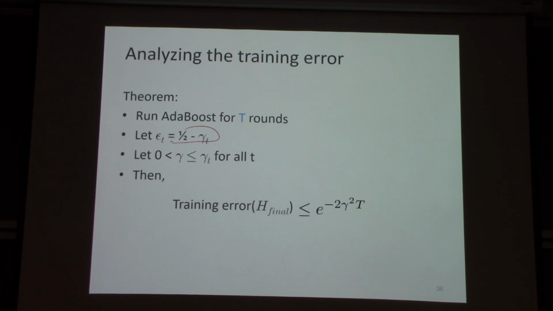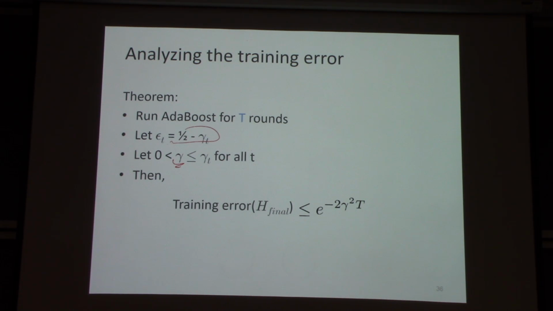And AdaBoost has this pretty awesome theorem associated with it, which says you run AdaBoost for t rounds, and at each step the weak classifier has an error epsilon t, and epsilon t is just half minus gamma t, where gamma t is a small positive number, which means epsilon is slightly less than half. Let's just assume that the smallest of these gamma t's is this number called gamma.